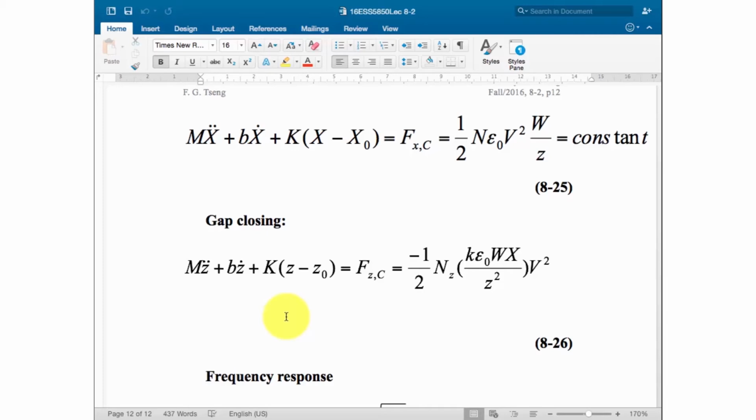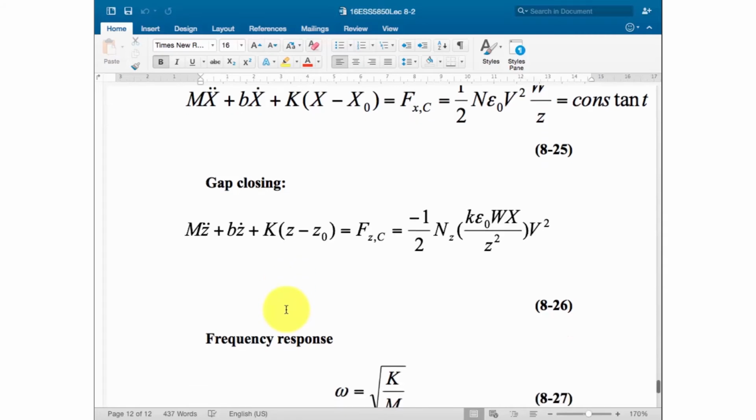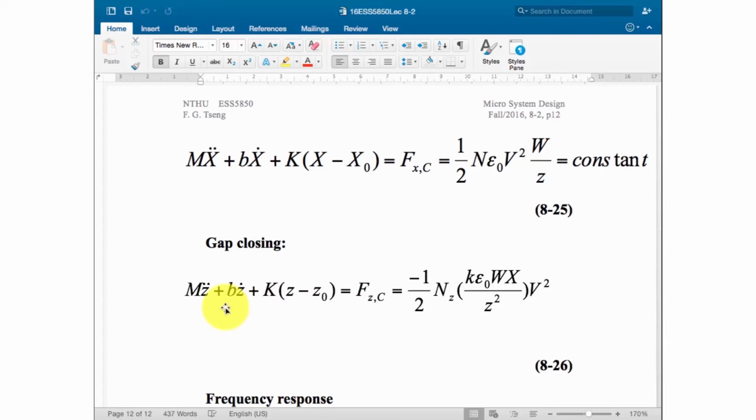This is for gap closing. If you want to understand whether the system is overdamped, underdamped, or critically damped, you just need to verify the value of b square minus 4kn. If b square minus 4kn is smaller than 0, that means it's an underdamped system. If it's larger than 0, it's an overdamped system.